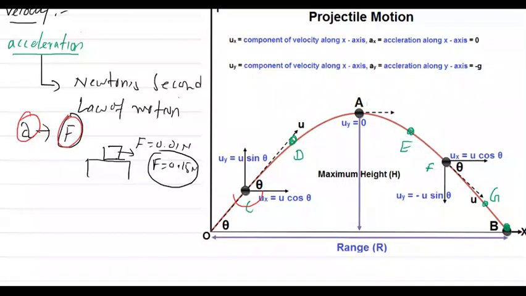Suppose air resistance is negligible, then there is only one force acting on the object. That is its weight, the force of gravity, mg. We can use either the word force of gravity or its weight. So only weight is acting, in this direction.